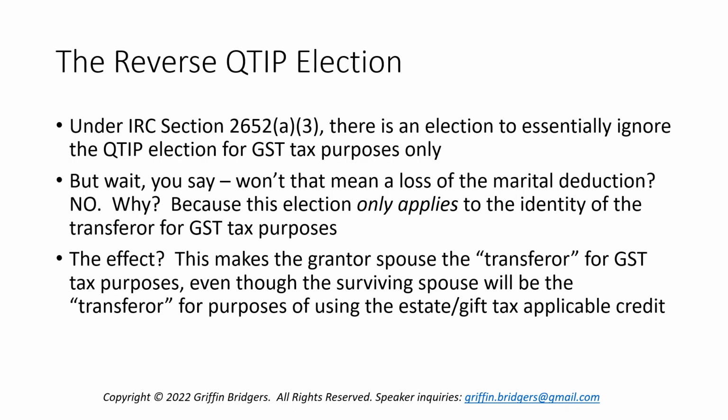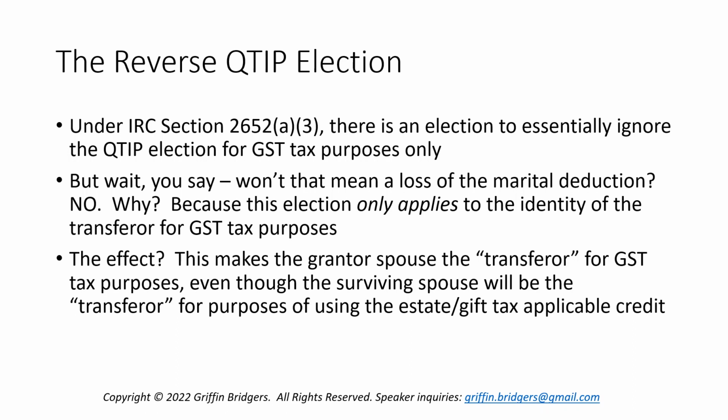So the effect here is that it makes the grantor spouse become the transferor for GST tax purposes, even though the surviving spouse would be the transferor for using their gift and estate tax applicable credit at death.